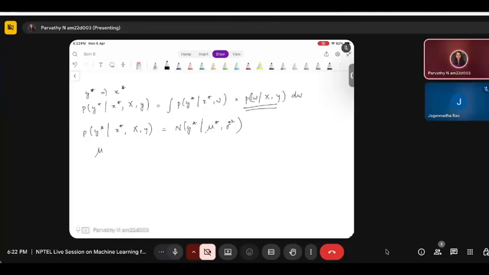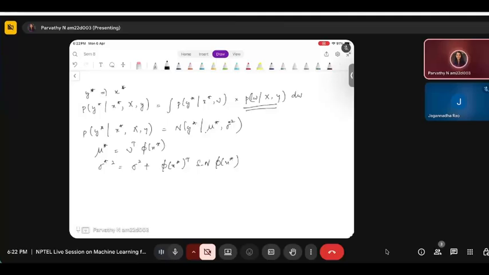So the predictive mean will be W transpose phi of x star, and the variance is sigma square plus phi of x star transpose times the posterior covariance times phi of x star. The first term is the observation noise, and the second term grows when the new input x star is far from the training data.